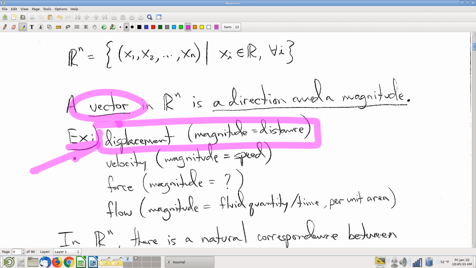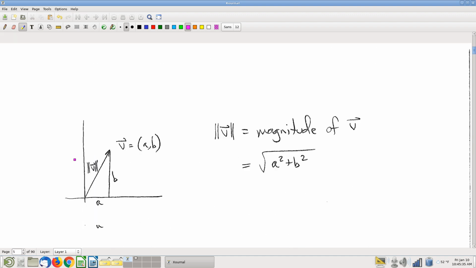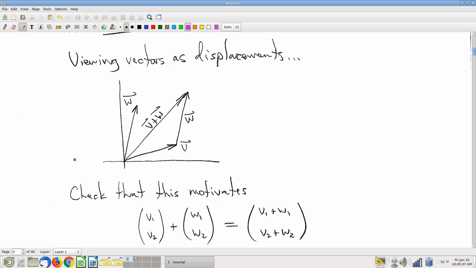And so let's think that through. How should I add displacements? Well, here's a couple of displacements. There's a displacement. I'm going to draw it in standard position. Oh, sorry, terminology. Standard position means tail at the origin. So there's a displacement drawn in standard position. Here's another displacement drawn in standard position.